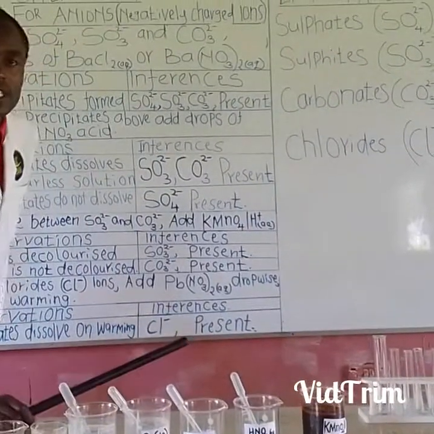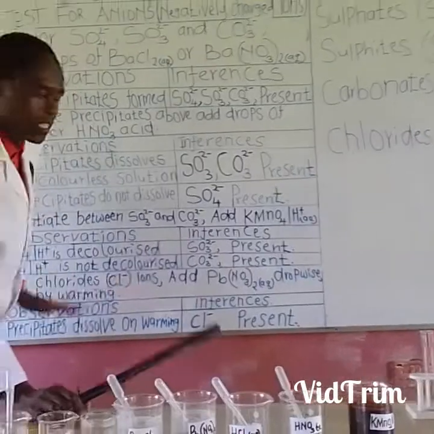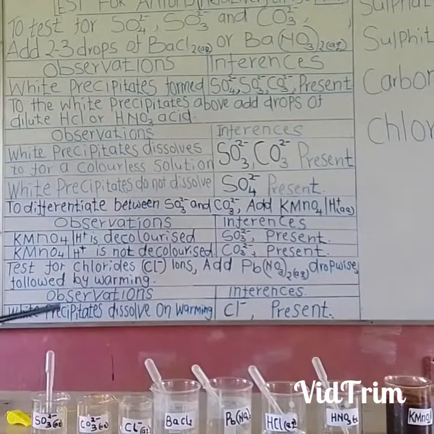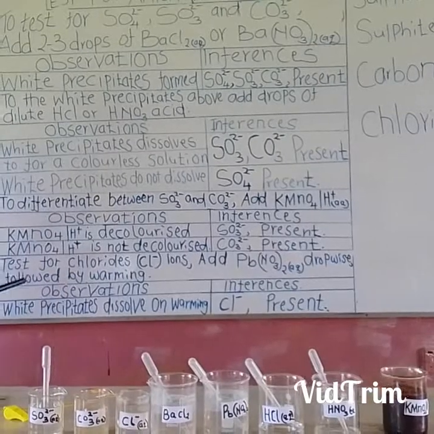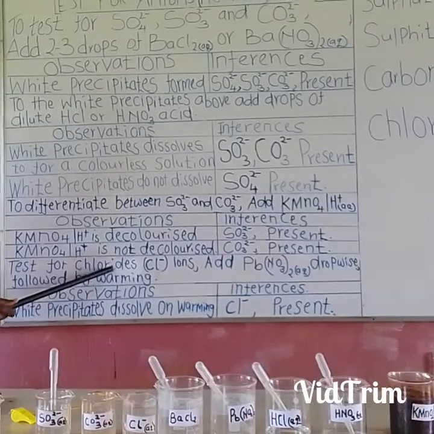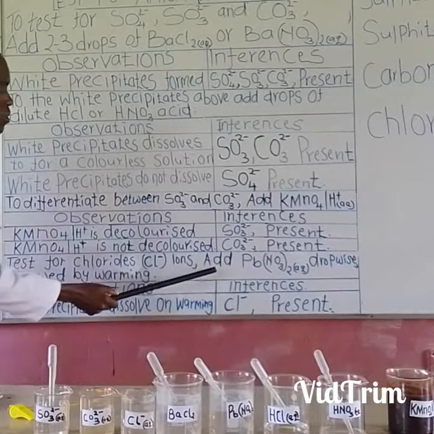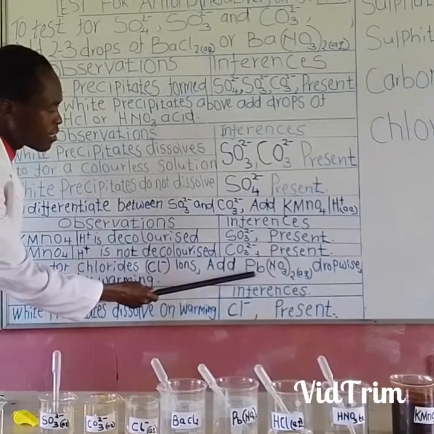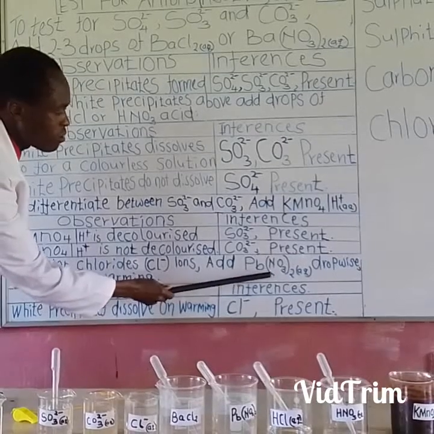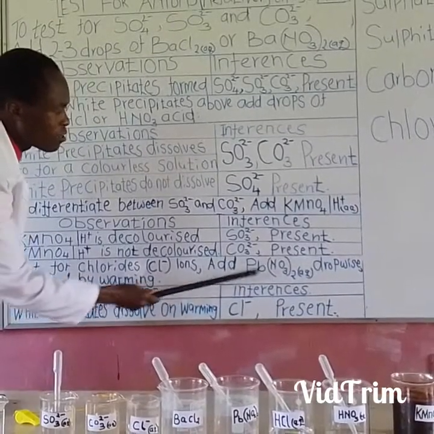So to test for chlorides, you can now focus here and see. I've written here, test for chlorides, we normally use a solution of lead(II) nitrate, so we add dropwise.